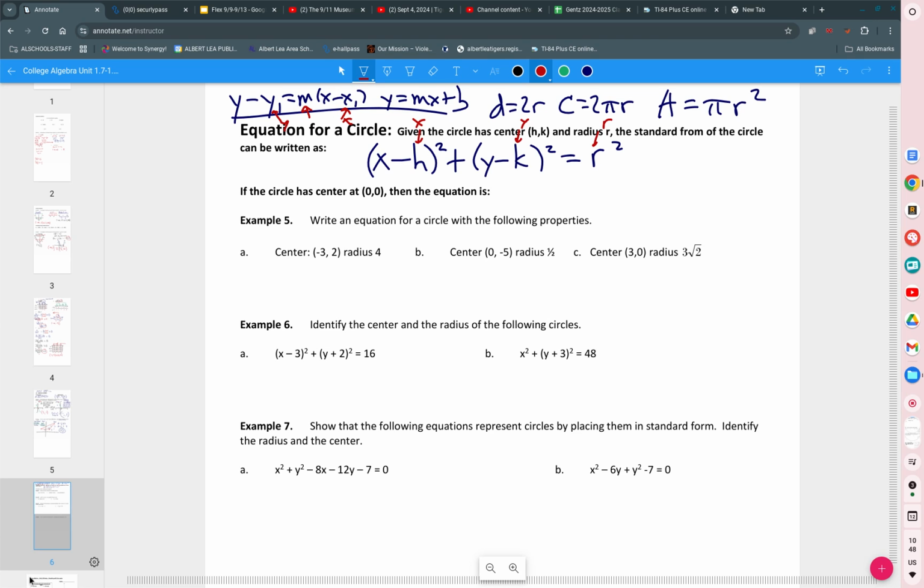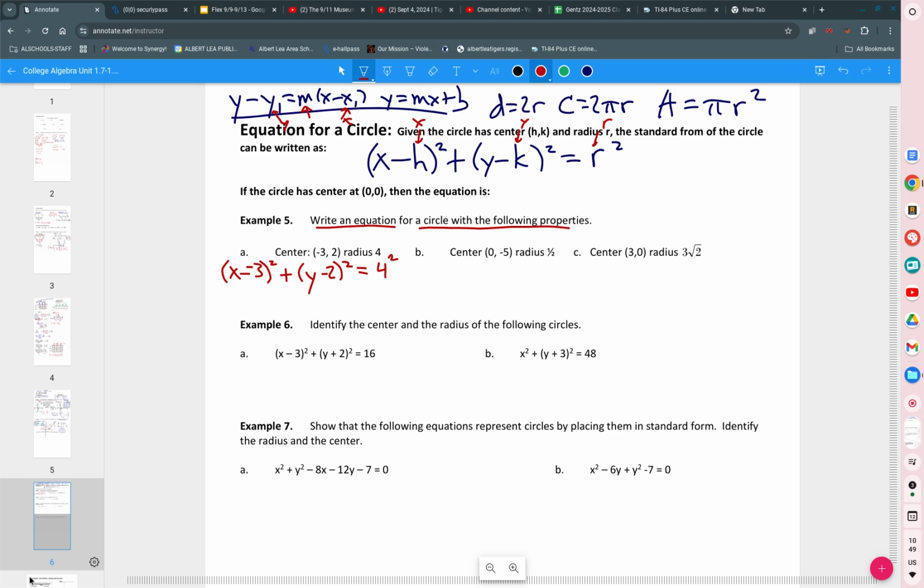So, for example, for letter A, it says write an equation for a circle with the properties. If the center is (-3, 2), the -3 goes in for that h. So it's x minus -3 quantity squared, plus, y minus 2 quantity squared is equal to 4 squared.